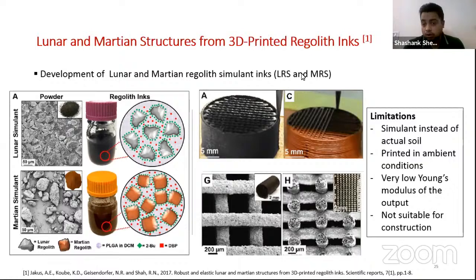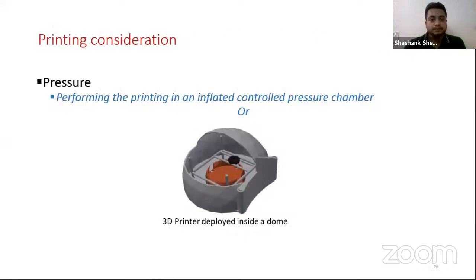And all these studies have been done in ambient conditions, where we have not created vacuum, and where there is gravity of 9.8 g. So the state of the art is still lagging far behind the actual conditions that we would have in space.